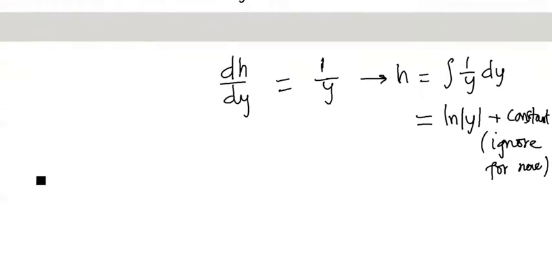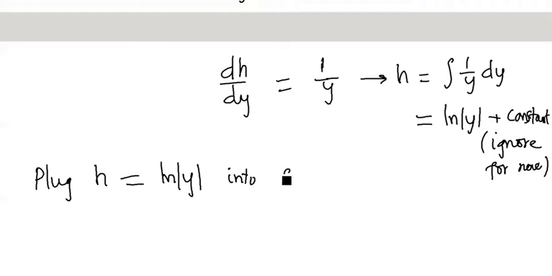So let's plug h in. h equal to the log of the absolute value of y into the formula for the potential function.